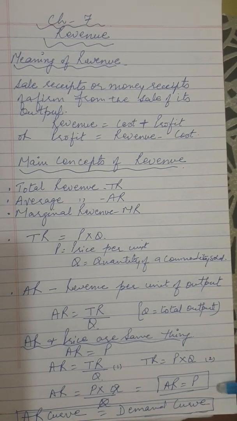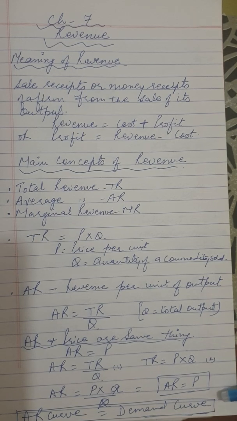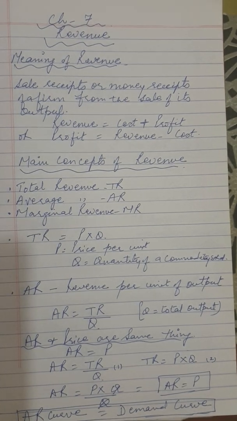So it is the total amount which is paid by a consumer for buying that particular amount of commodity. That is, average revenue shows the money receipts per unit charged from the buyer. Same way, it shows that at this price how many units of a commodity are sold. So the average revenue curve shows the demand curve of a firm.